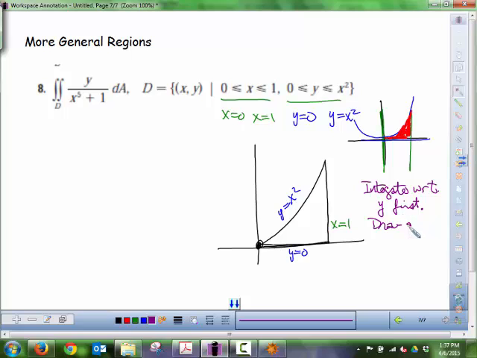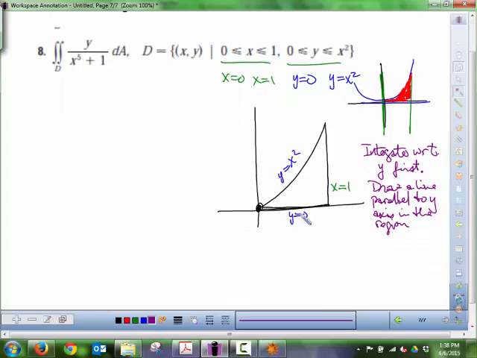Draw a line parallel to the y-axis in the region. Yeah, you're thinking about drawing a slice. Okay? So parallel to the y-axis, and I want to be somewhere in the middle of the region.